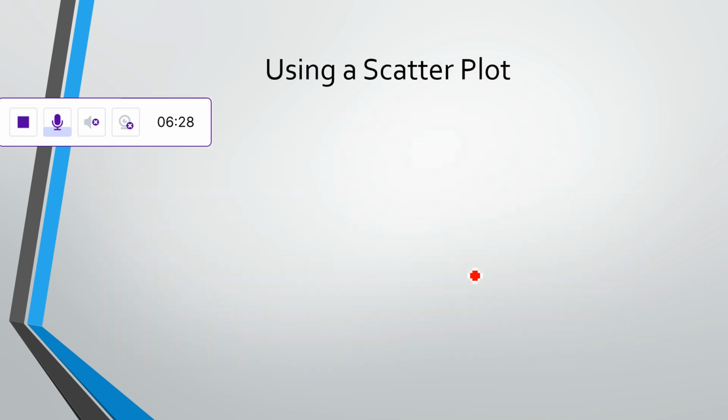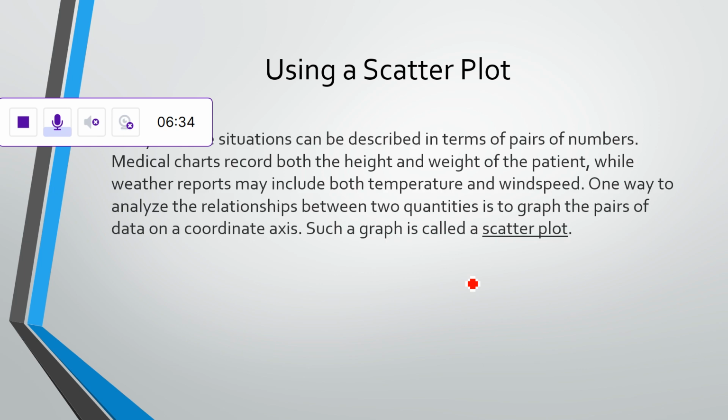For example, as you saw on the previous slide, we might start working with scatter plots. Scatter plots are mainly used to showcase real-life scenarios and situations. For example, when guessing weather reports, it's not just looking up at the sky to see if it's raining, sunny, or cloudy.